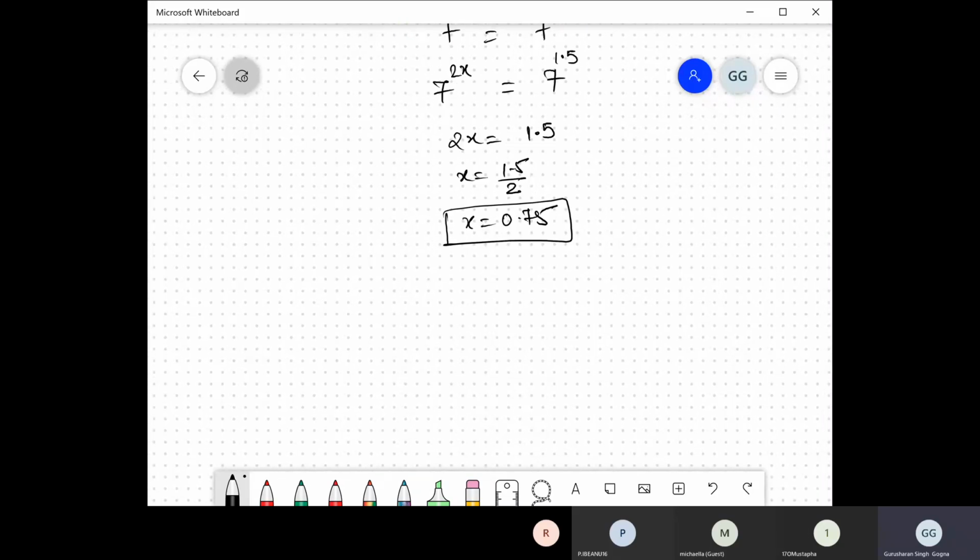Okay. Now, let's try this one. 2 to the power 2x minus 1 equals 16 over root 8 to the power 3. So, how will you do it?